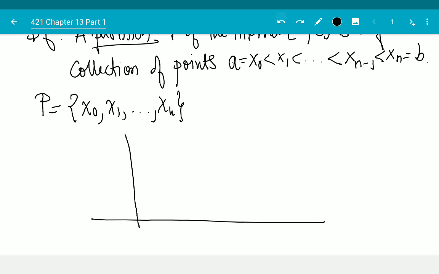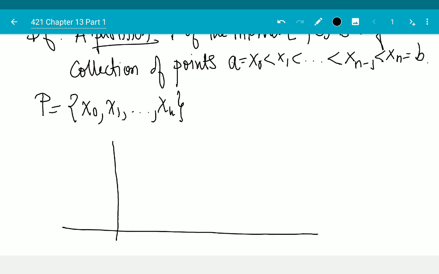I want to look at the area of the graph in terms of the area heights at these points. So suppose this is my a, this is my b, okay, and my function goes something like this.